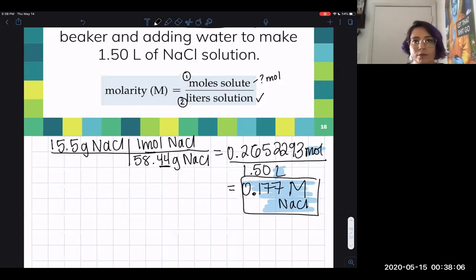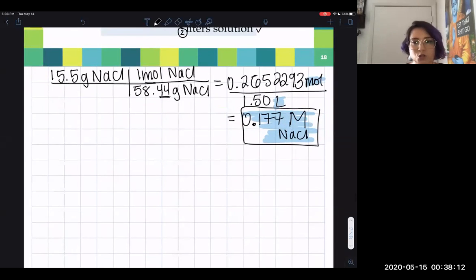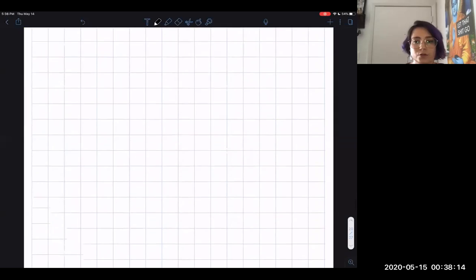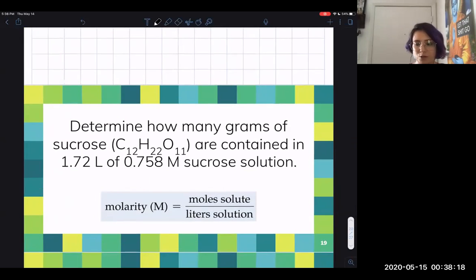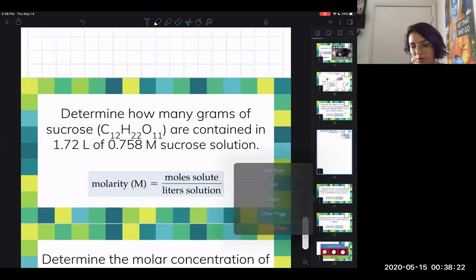The numbers don't really matter very much. It's the setup. It's how you're thinking about it. Because you're really going to struggle in Chem 11 if you're not very comfortable with conversion factors. That should be a place of comfort where, if my professor gives me a conversion question, I can do it. You should be looking for those questions.